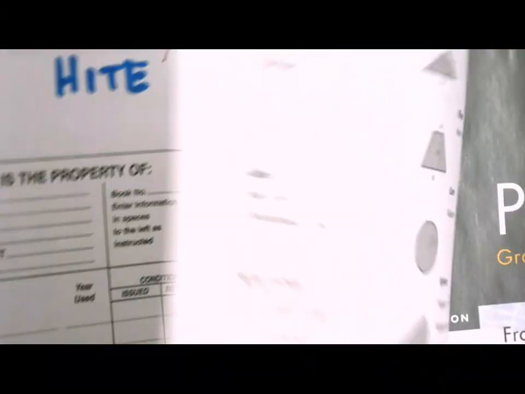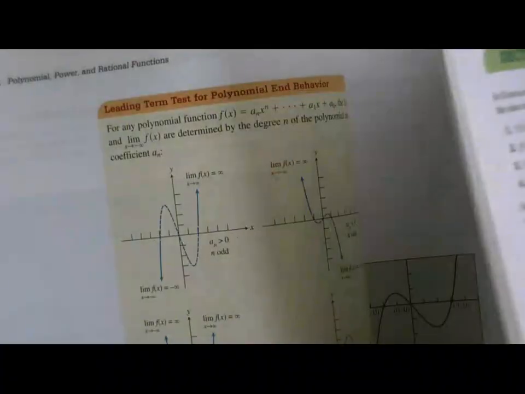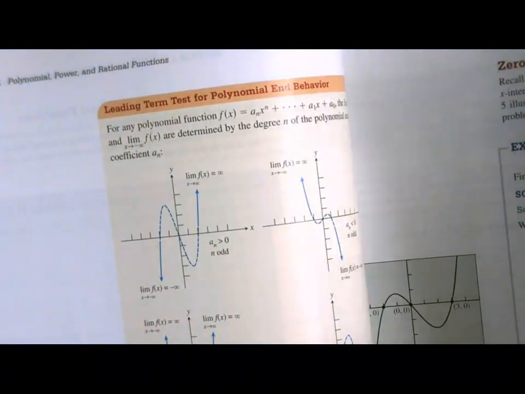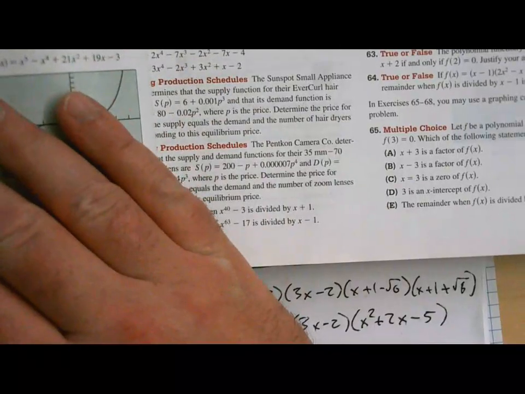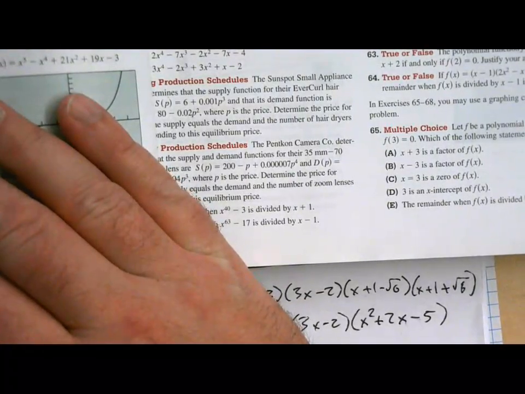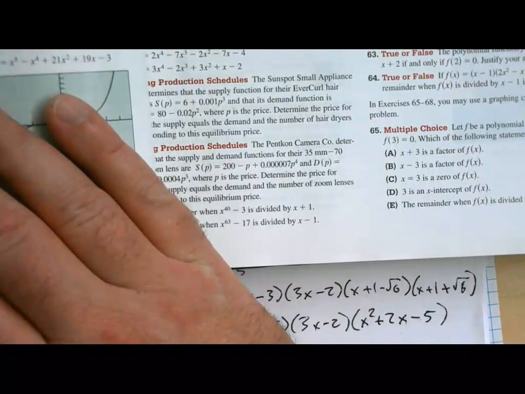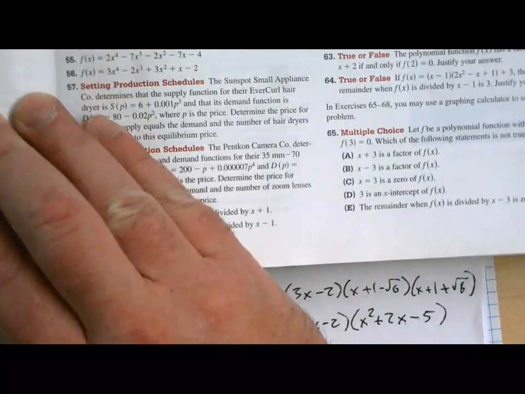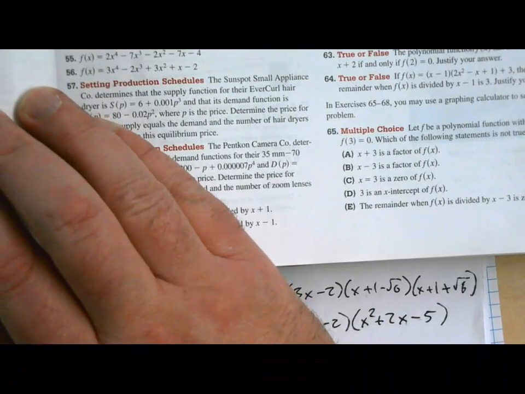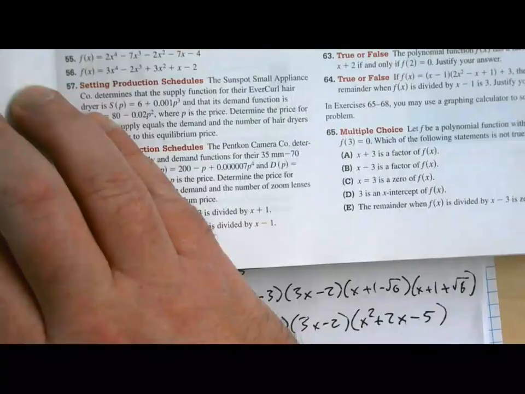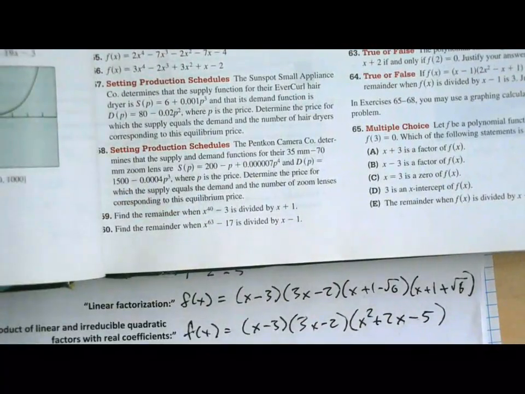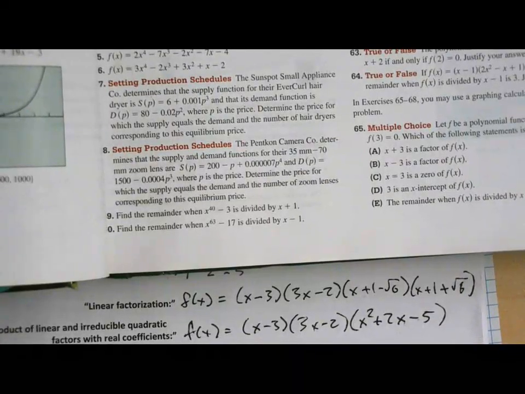Assignment 2.4 begins on page 223. Those are all pretty straightforward. I would start with the last bank of problems, 49, 50, and 51. I'd see if you can get one of those at least going in class today. Those are the ones that are most like the last problem that we did.